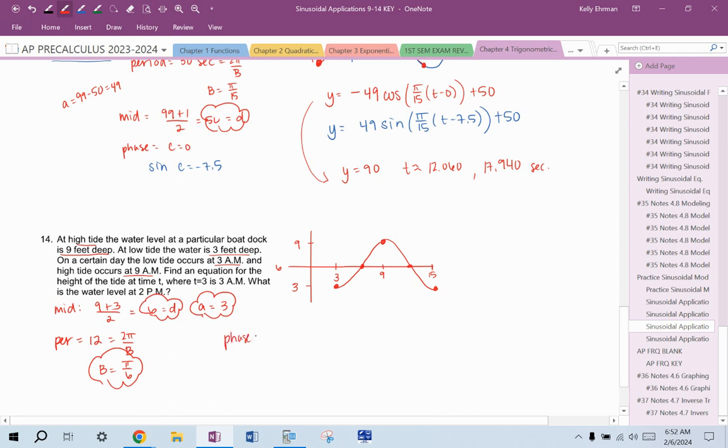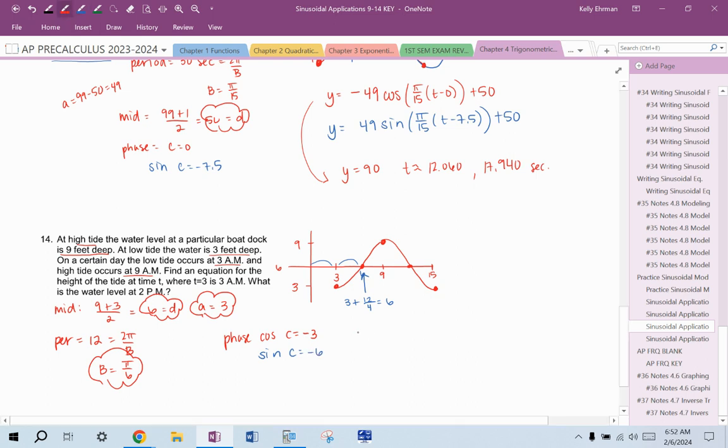So the phase shift, if it's cosine, is right 3 units. If it's a sine curve, we need to know what that point is. So how far over is that point? Well, it's 3 units over to get here, plus an extra 12 divided by 4, so an extra 3. So this is at 6. Also, it's just halfway between 3 and 9.